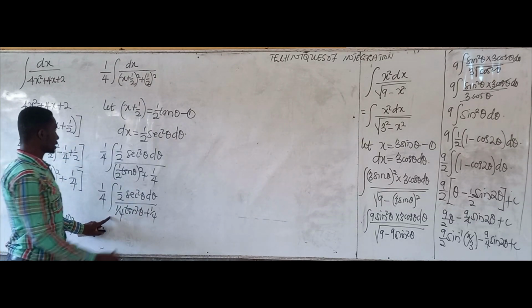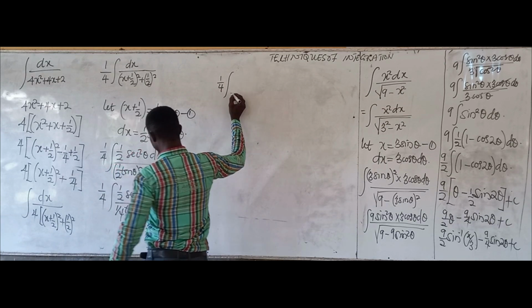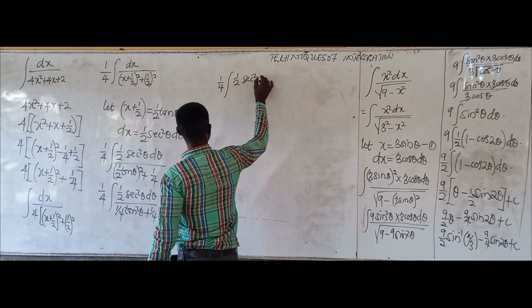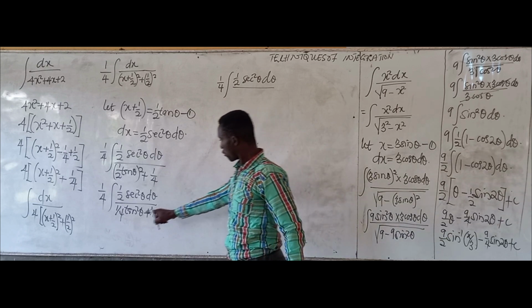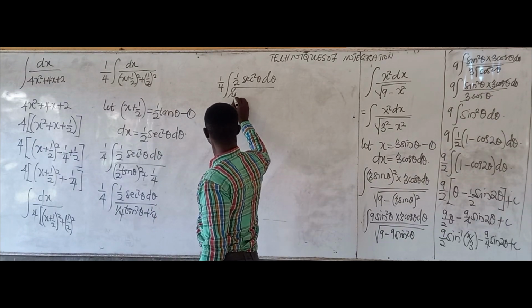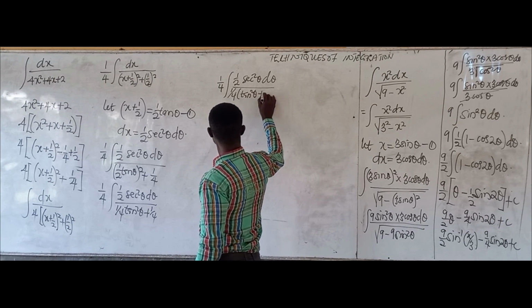Now, you see that 1 over 4 integral half sec squared theta d theta over. I will factorize 1 over 4, because 1 over 4 is here, 1 over 4 outside, tan squared theta plus 1.